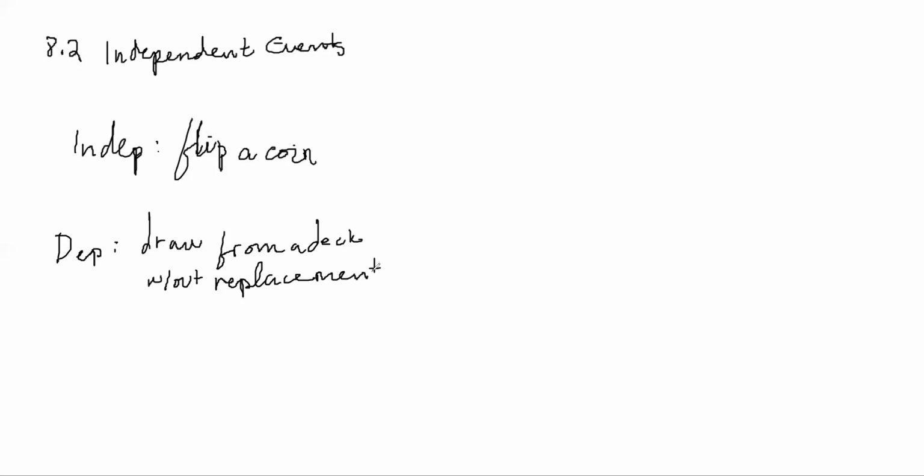For instance, if you're trying to get a red card and you draw one card, then instead of being 26 out of 52, it could be 26 out of 51 or 25 out of 51, and the probabilities start to shift depending on what you've previously drawn. So those are the two classic examples.